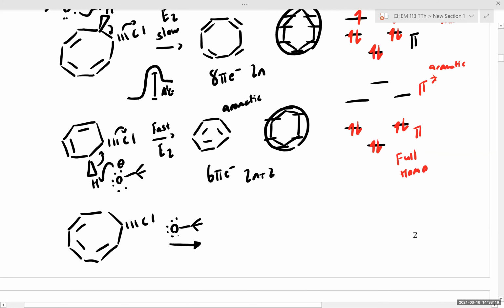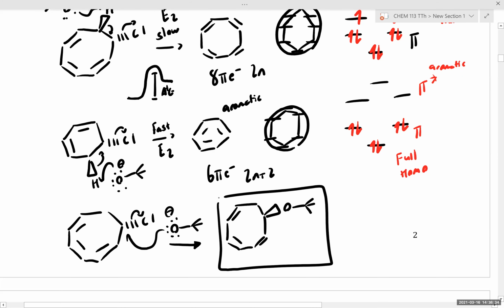SN2, exactly right. So this is one of the rare cases where tert-butoxide is more than capable of participating in an SN2 reaction. And that in turn generates a single enantiomeric product. So this is a case where SN2 is favored even for an allylic substrate.